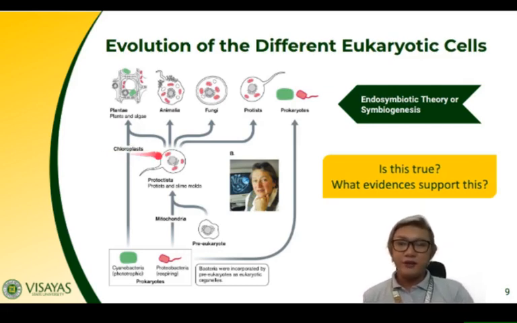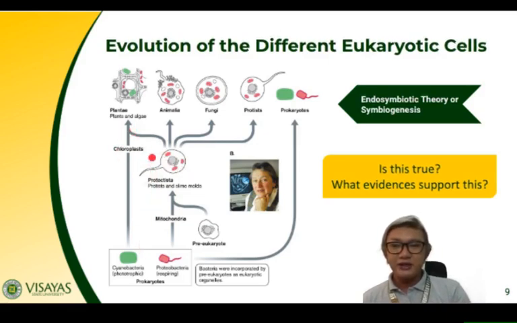So after the phagocytosis of the cyanobacteria by the protoctista, it once again did not, or the protoctista was not able to digest the cyanobacteria.